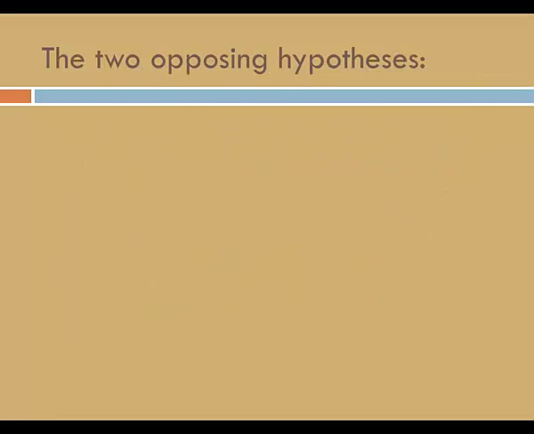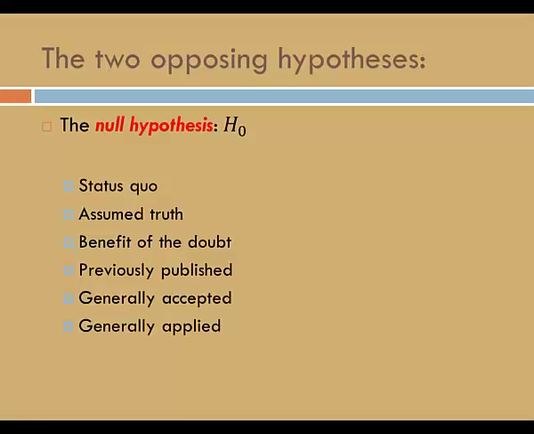In a hypothesis test, there are two opposing hypotheses, one of which is called the null hypothesis and is denoted H0. That's an H with a subscript of 0. The null hypothesis represents the status quo. It's the assumed truth.